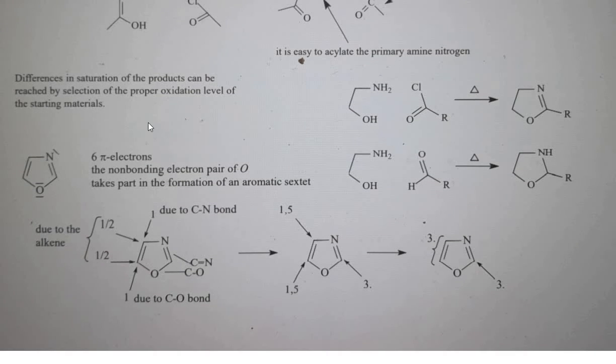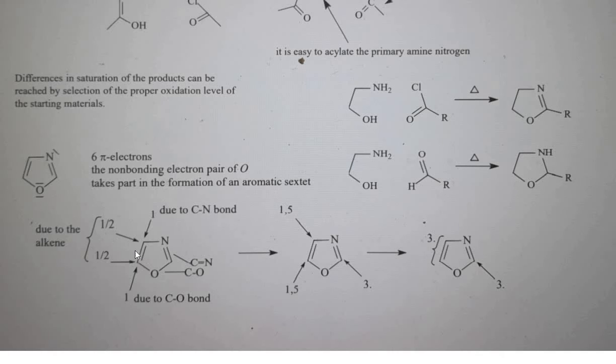Now the difference in saturation of the product can be reached by selection of the proper oxidation level of the starting compound. Now you see 6 pi electrons; the non-bonding electron pair of oxygen takes part in forming the aromatic sextet. Now here you can see these positions and these two positions.